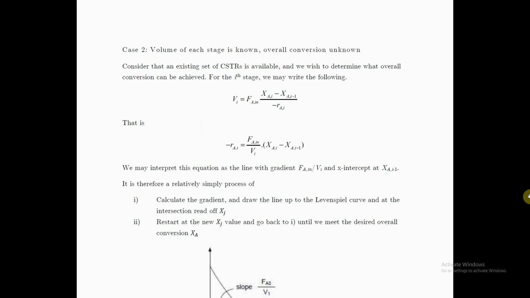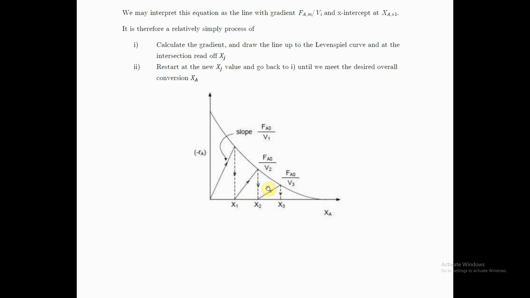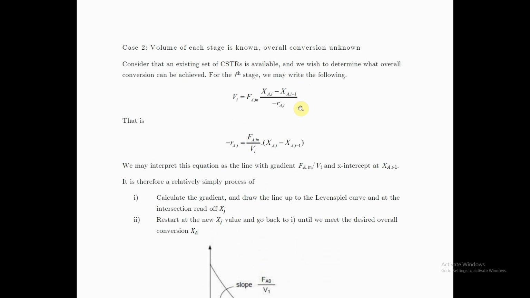So let's look now at case 2, where the volume of each stage is known and possibly equal. Well, in this case, V_i, so the volume of a specific stage, is defined, and then we can think about our design equation. So this is nothing but our material balance, right?